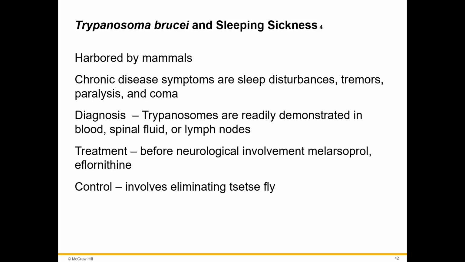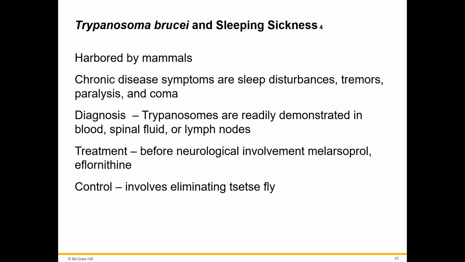We'll have sleep disturbances. You'll get tremors in your sleep, and you can even get paralysis. And worst case, you could even go into a coma. And to diagnose it, you can get a sample of blood, spinal fluid, or fluid from the lymph nodes, do a microscope slide of that and look for it there. How do you treat it?